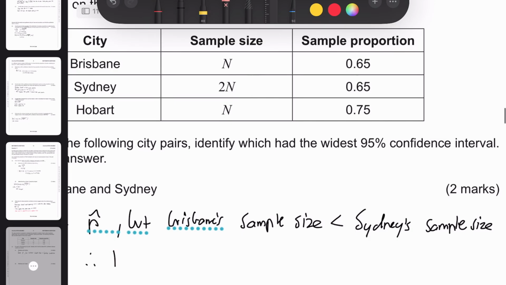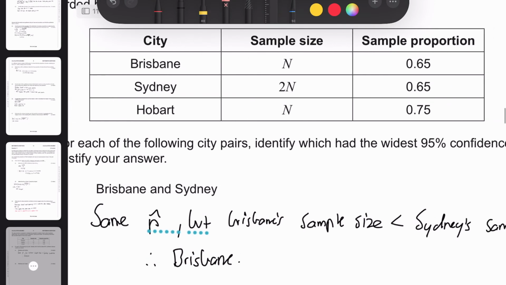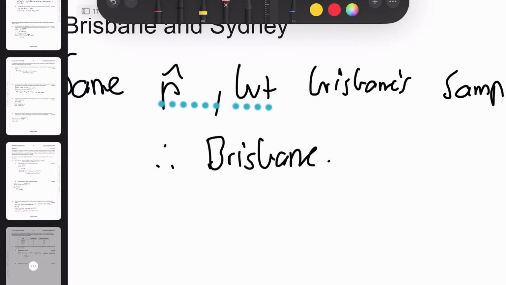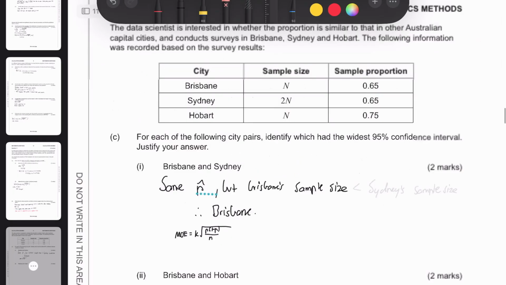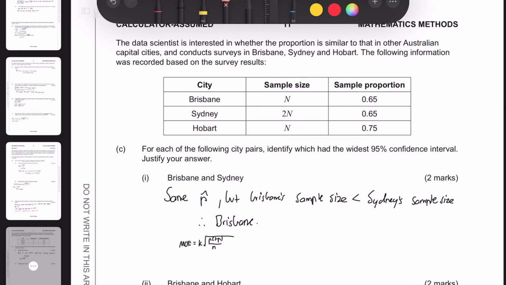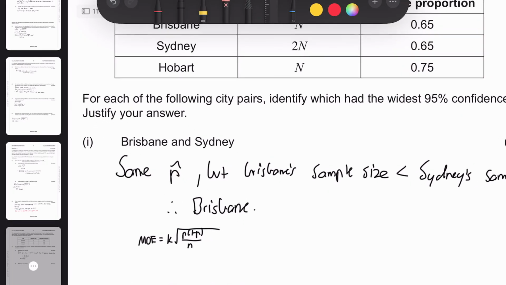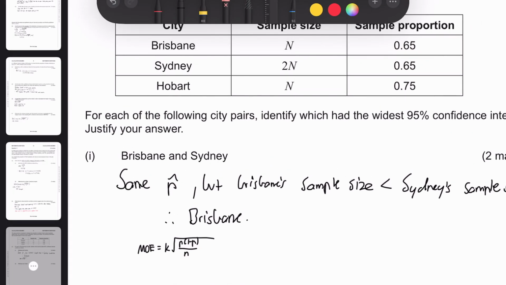Therefore, Brisbane. And then to explain why, the margin of error is going to be equal to k times the square root of p(1 minus p) over n. So if Brisbane's sample size is smaller, or Sydney's sample size is bigger, which is probably easier to explain, then we're dividing by a bigger number, our margin of error is going to decrease, and our confidence interval is going to be narrower.